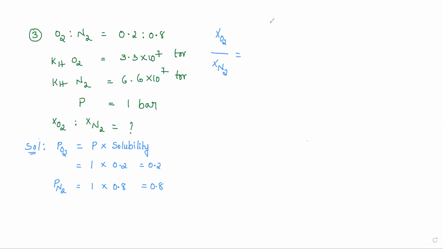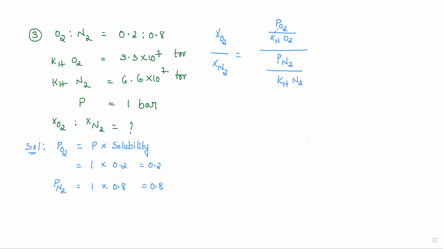So that is pressure of oxygen upon KH, Henry's law constant of oxygen, divided by pressure of nitrogen upon KH of nitrogen.